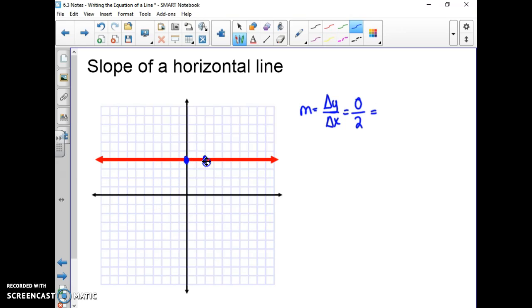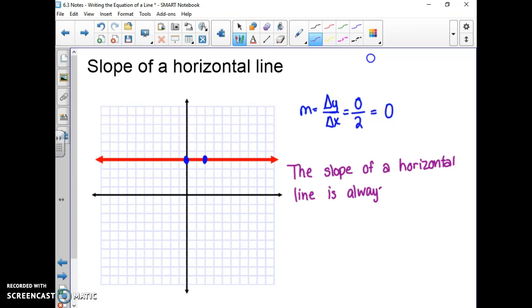So 0 divided by 2 is 0. So the slope of a horizontal line is always 0.